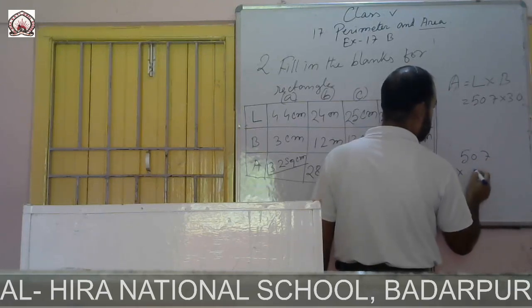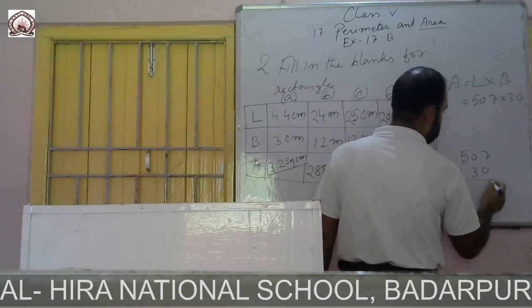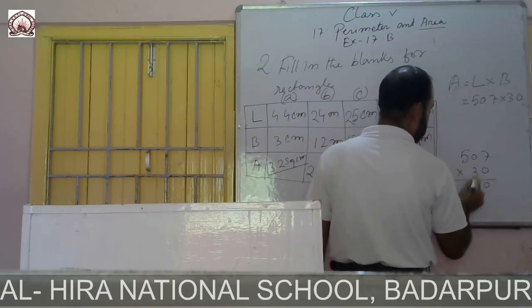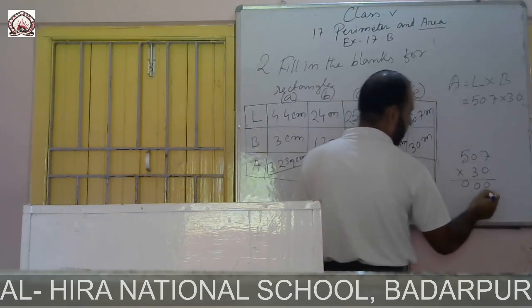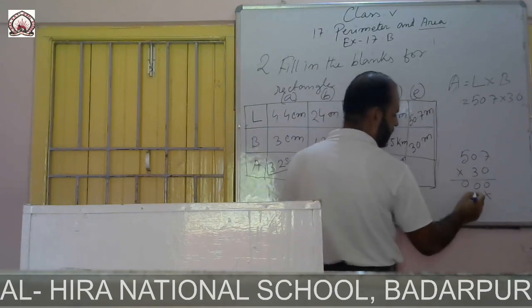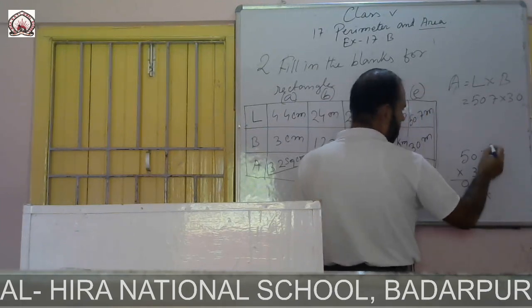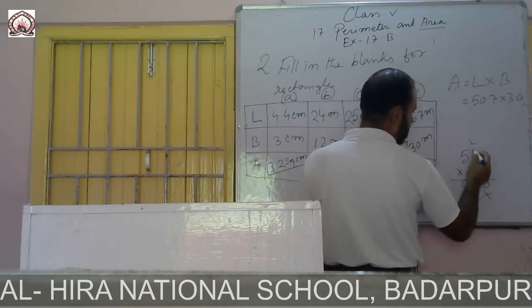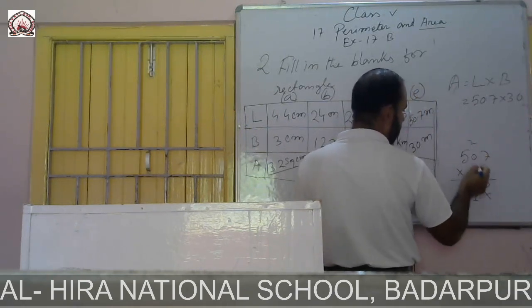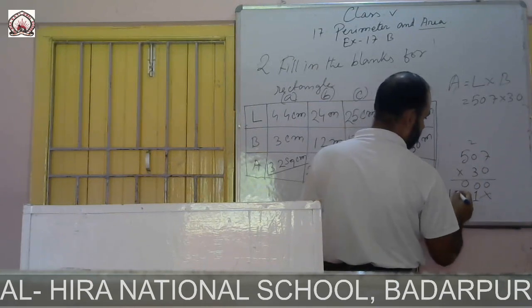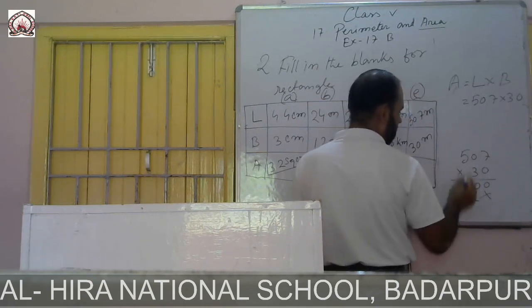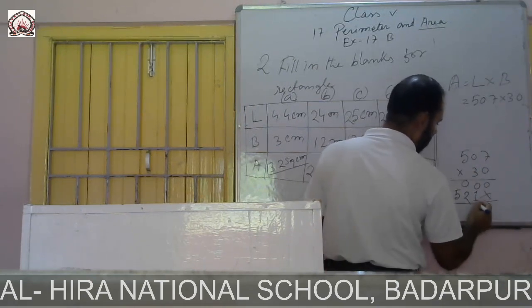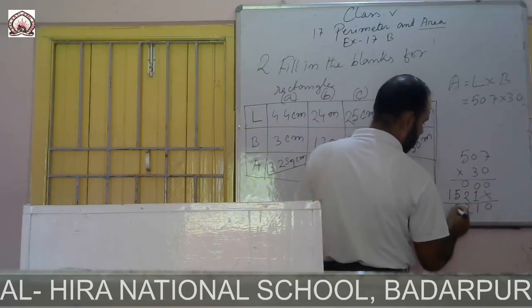50.7 into 30. 0 into 7 is 0, 0 into 5 is 0, 0 into 5 is 0. Then 3 into 7 is 21, 1 in my hand, 3 into 5 is 15, plus 1 is 16, and we add.